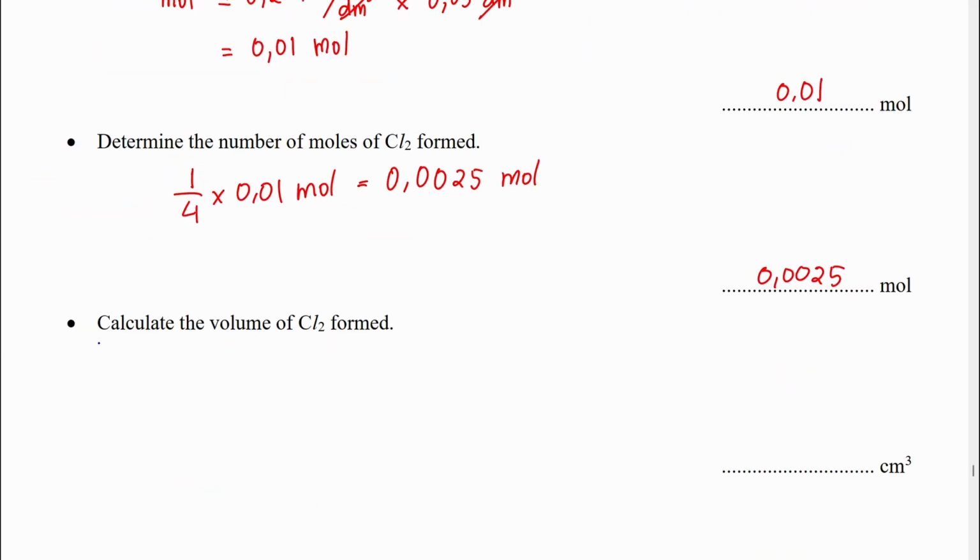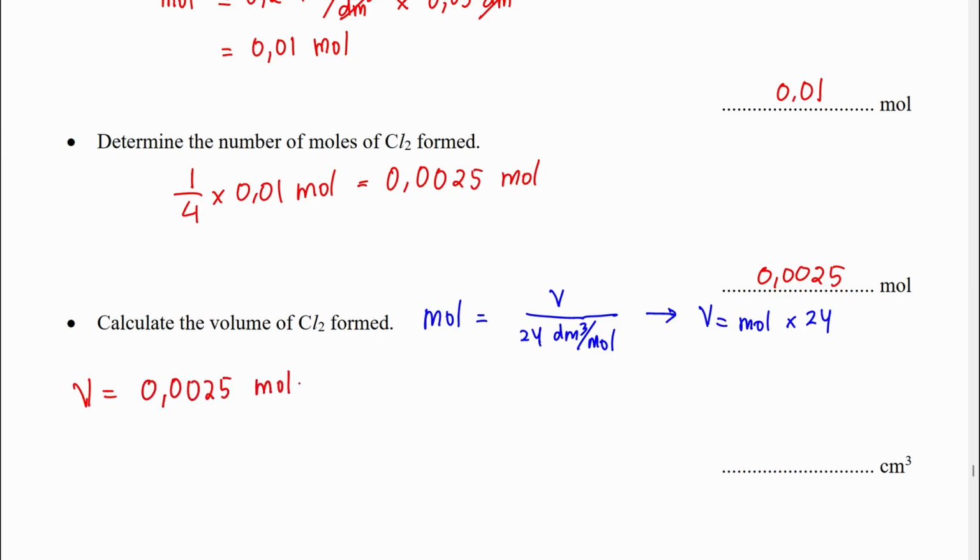Next, calculate the volume of Cl2 formed. What is the formula to find the moles for gas at RTP? Mole equals to volume divided by 24 dm cube per mole. So we just rearrange the formula. Volume equals to mole times 24, right? So volume here equals to the number of moles, which is 0.0025 mole, and then times with 24 dm cube per mole.